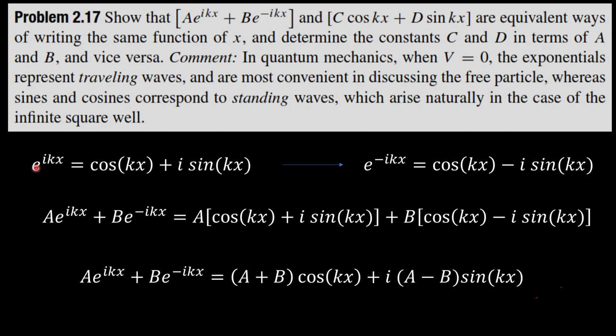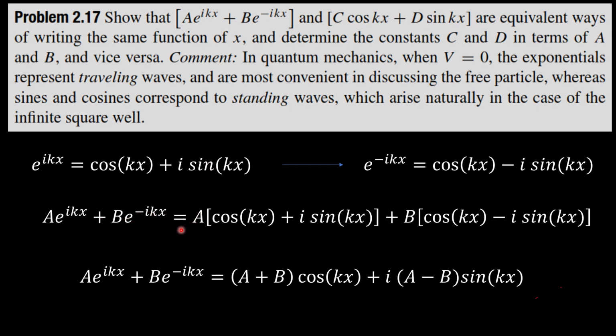We know from Euler's equation that e^(ikx) is equal to cos kx plus i sin kx. In a similar way, you can write e^(-ikx), which is equal to cos kx minus i sin kx. Now, as per the problem, you combine this, that is a e^(ikx) plus b e^(-ikx).